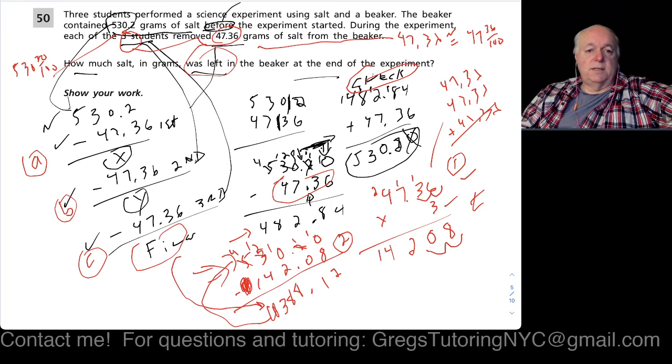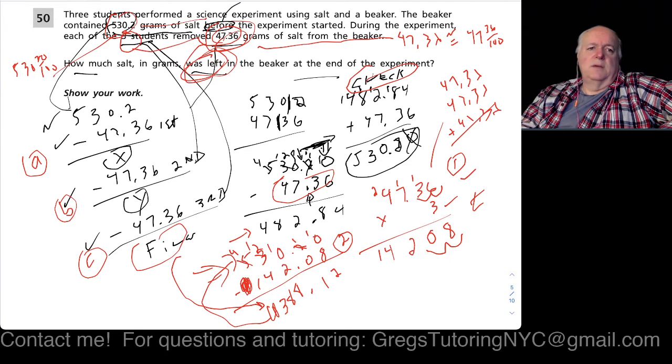The only last thing I want to say is it was not the 530 plus the 47. That would give us about 580. That's not the solution here. This is how much was left, which normally implies subtraction.